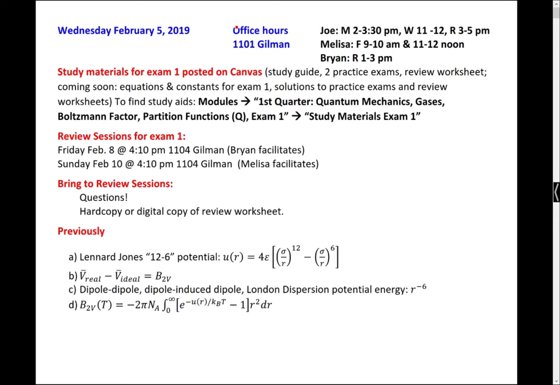What we found was that that's the same as the second virial coefficient. So it gives us a nice physical understanding of what the second virial coefficient gives us. We went over the equations for dipole-dipole, dipole-induced dipole, and London dispersion interactions, and then we related that to the Lennard-Jones potential and then to the second virial coefficient equation.